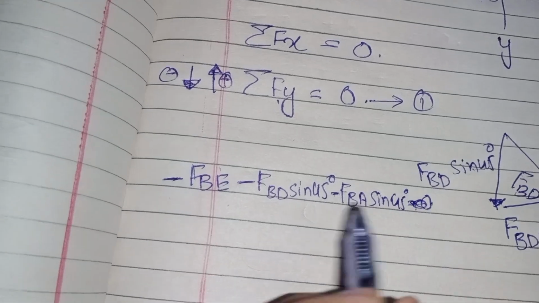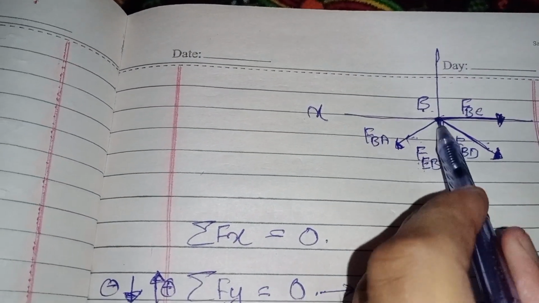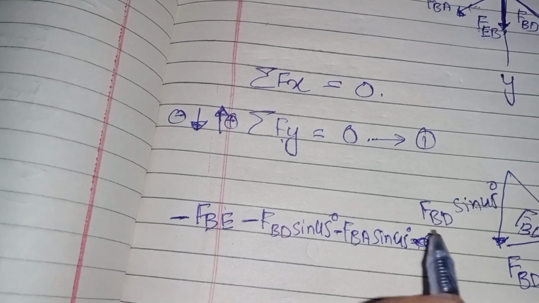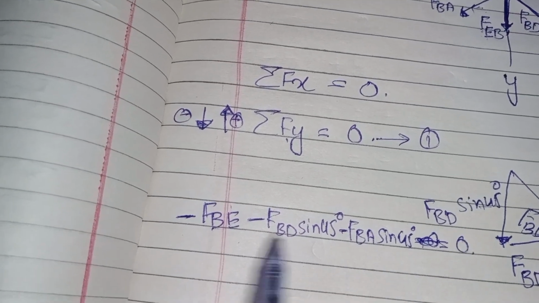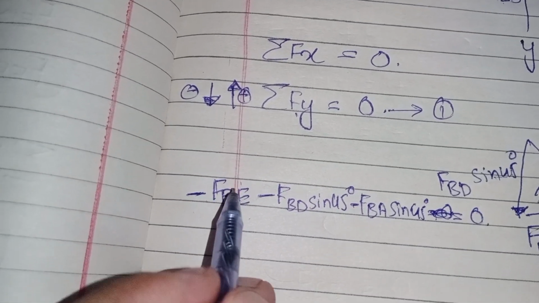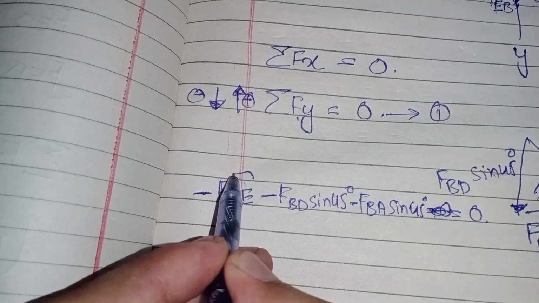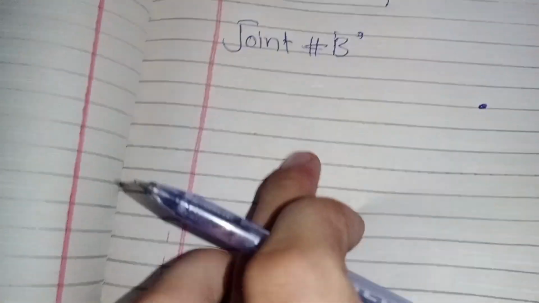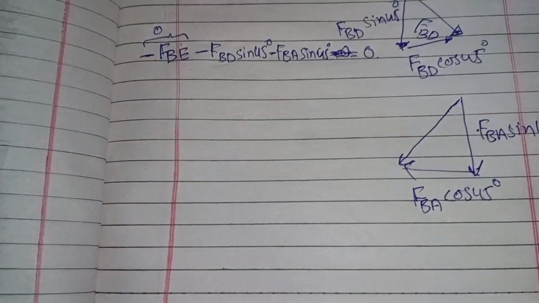Sorry, also this is the vertical force F_EB. So F_BE, I solved it earlier, F_BE is equal to 0.